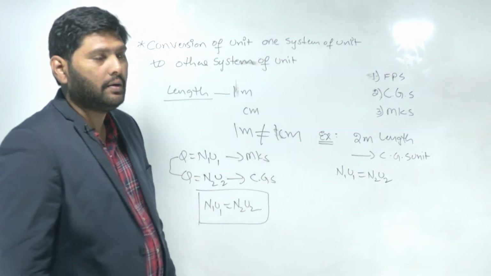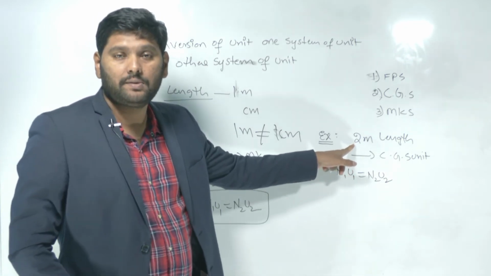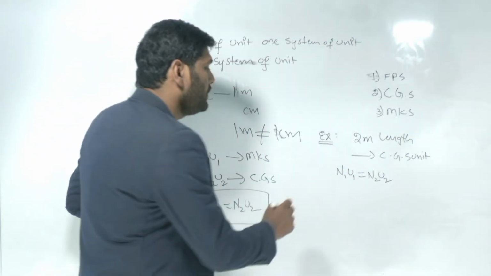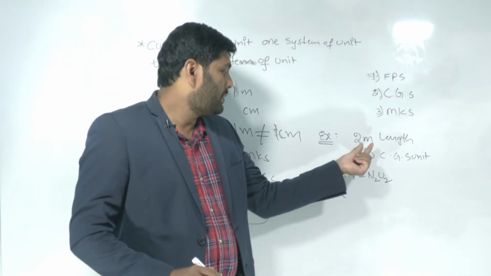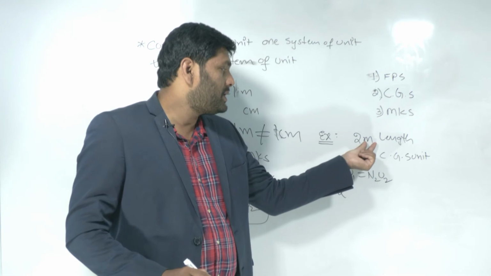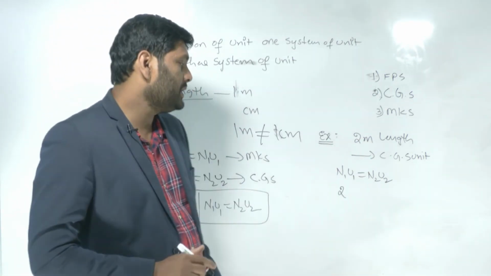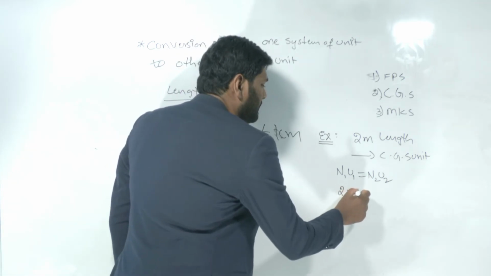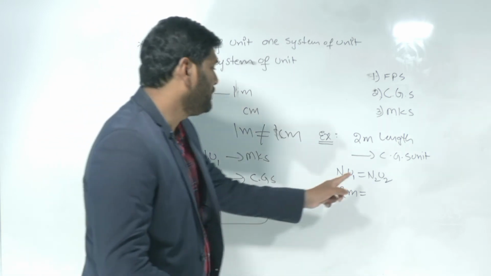Here n1 is the magnitude in first system. How much is the magnitude we have? 2 meters. 2 is the magnitude. In the first system, meter is the unit, which is equal to, we must find n2 value.